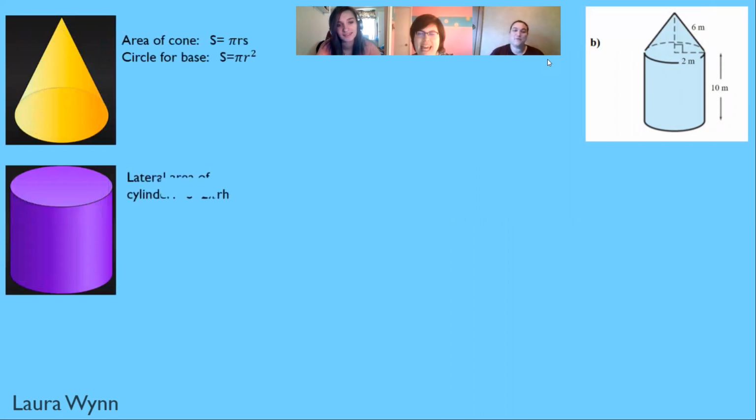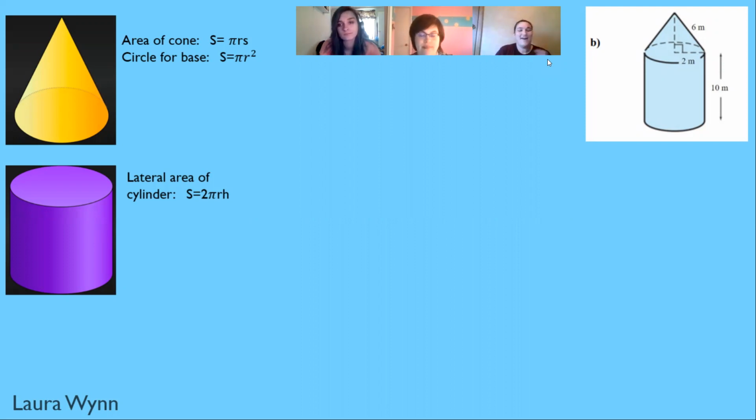So the area of our cone is S equals pi R S. And then for the circular base, S equals pi R squared. And our lateral area of our cylinder is S equals 2 pi R H, which is 2 times pi times radius times height.